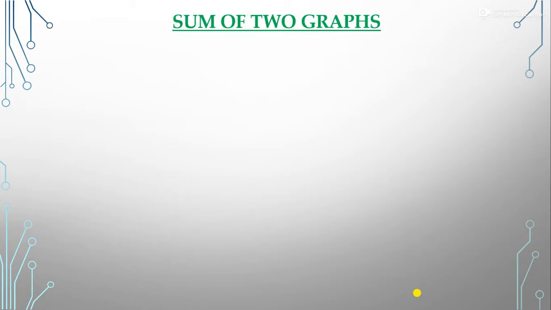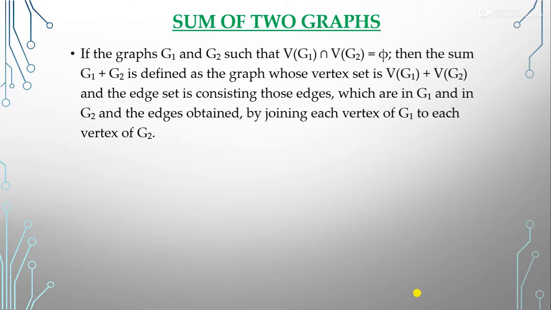Now, the next one is the sum of two graphs. Sum of two graphs means if we have two graphs G1 and G2, then how can we calculate G1 plus G2? When you draw the graph of G1 plus G2, you have to remember that the vertices of G1 intersection vertices of G2 must be equal to the empty set.